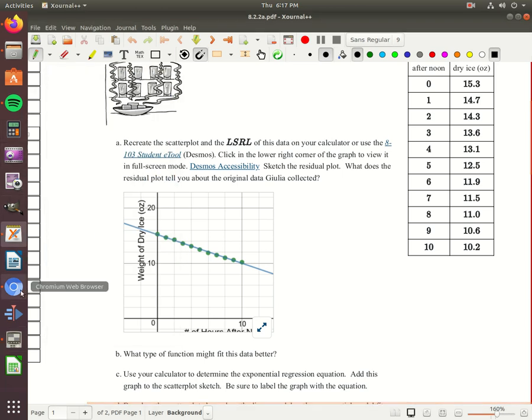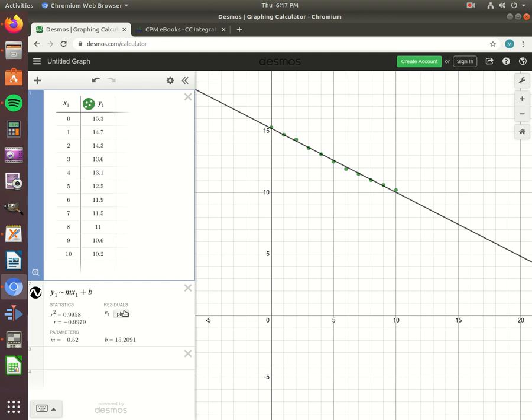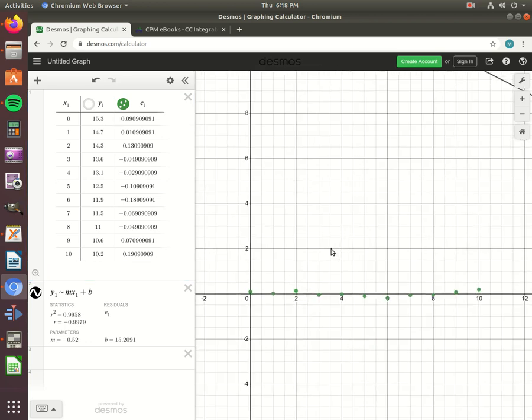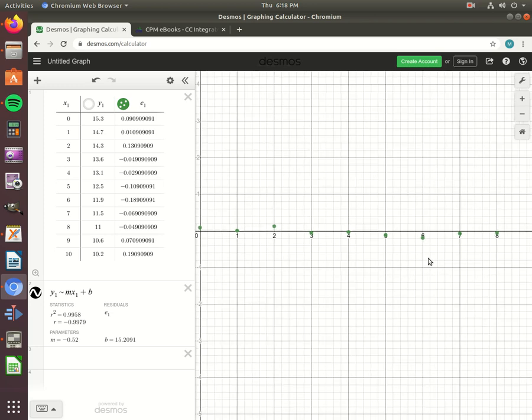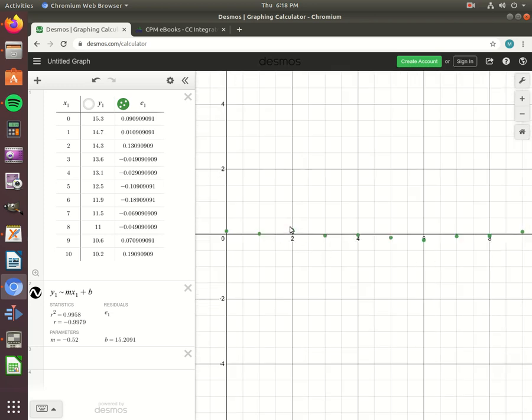And again, if I want to do this in Desmos, I can go over here. Pretty easy. I just click plot. You see where it says residuals? And there's R and R squared, all that stuff there for Desmos automatically. I go plot, and you can see it's down here. I'm going to get rid of this, and I'm going to focus in on my residuals. And yeah, it doesn't look fabulous right there. You can see it starts up and goes down.